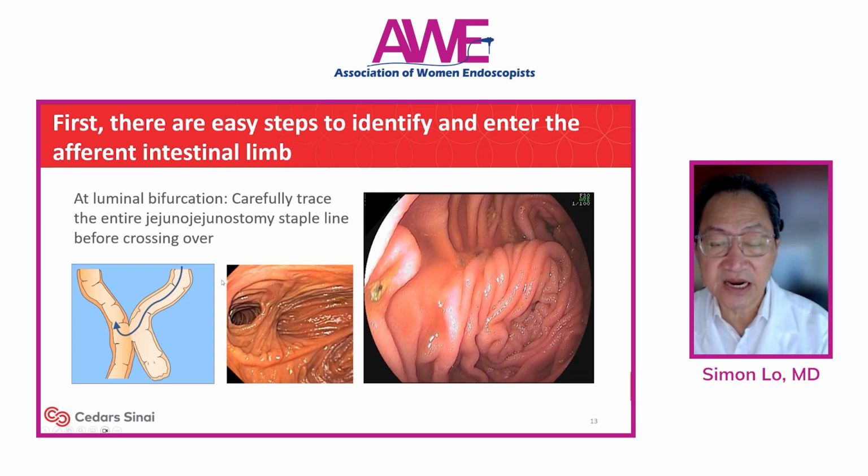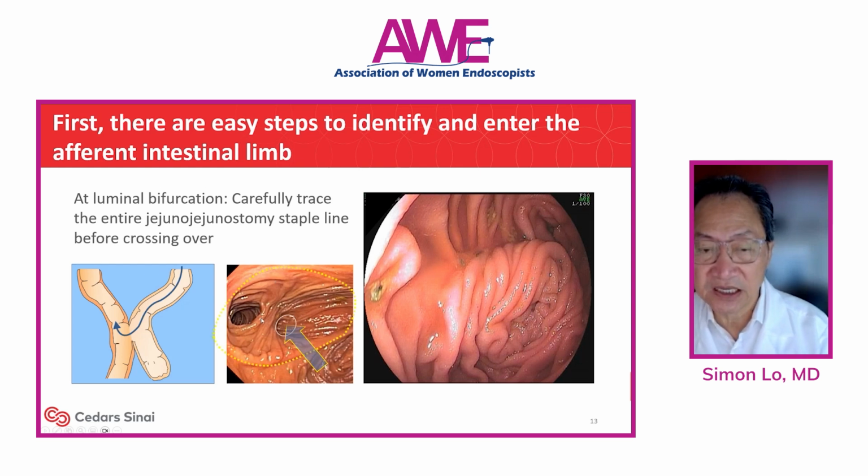Now, one of the first challenges in passing this anatomy is encountering the bifurcation. So one of the general rules of thumb on passing this is to find your anastomosis, which is usually the staple line, usually arranged like a circular defect.